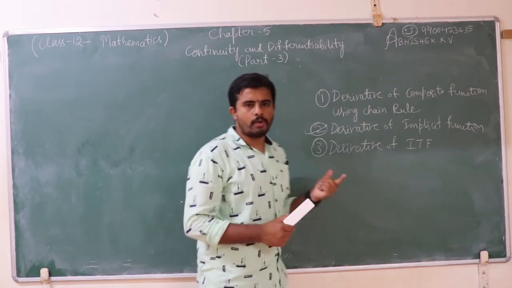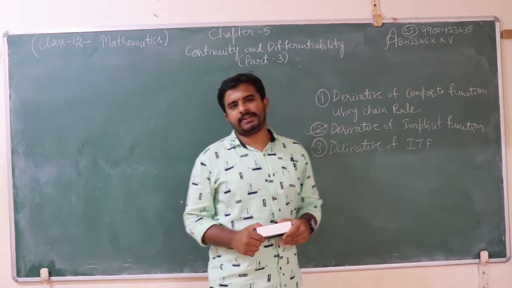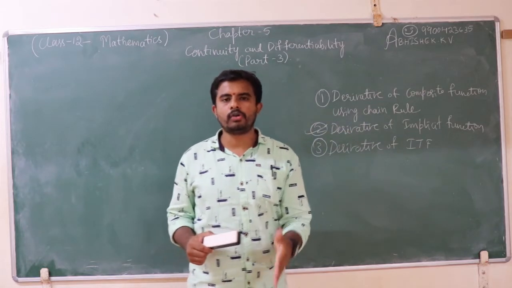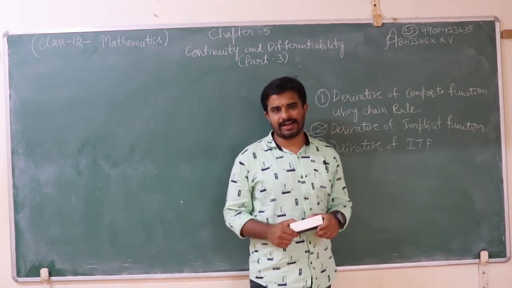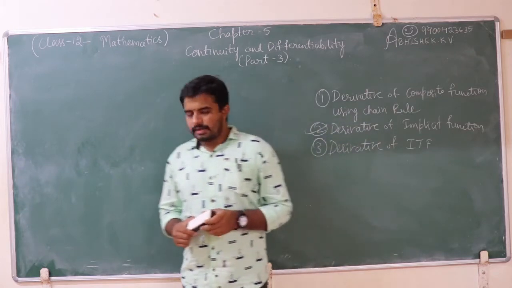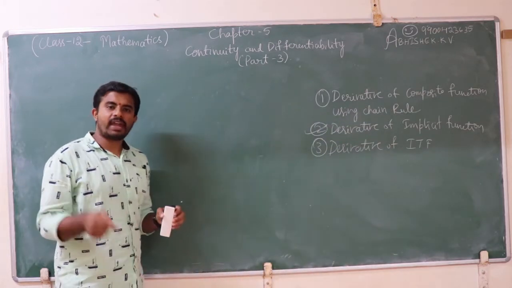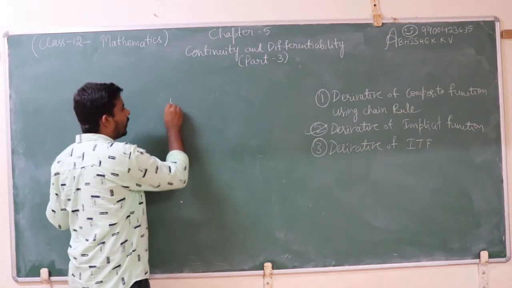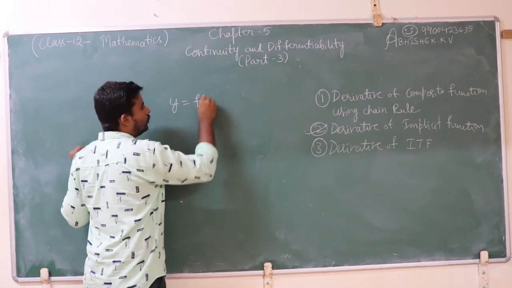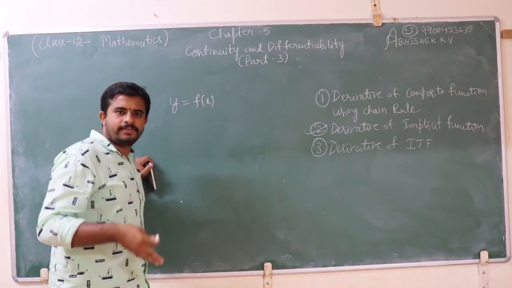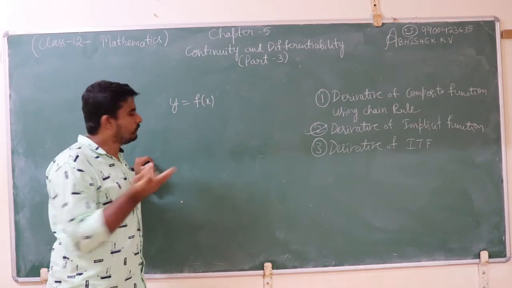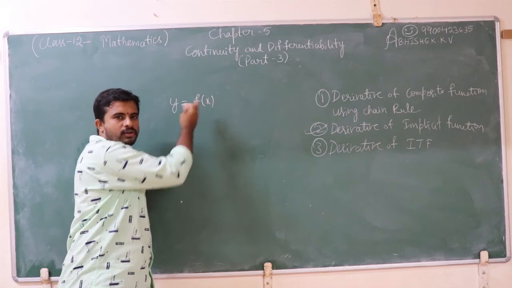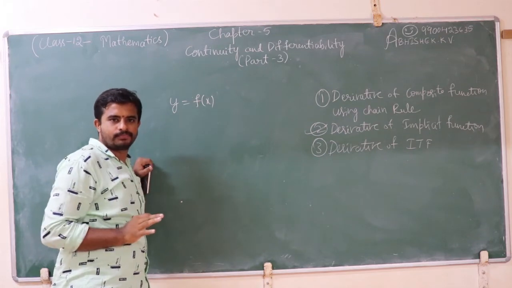Before going to know about the derivative of implicit function, first we should know what an implicit function is, right? Until now we have been differentiating functions of the form y is equal to f of x, isn't it?